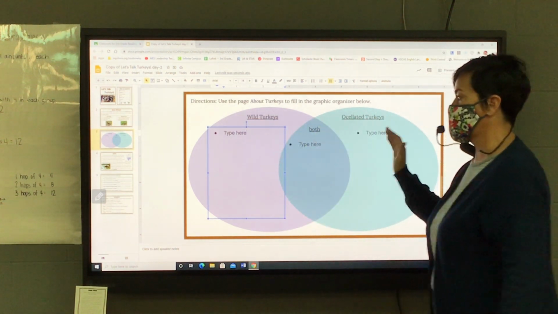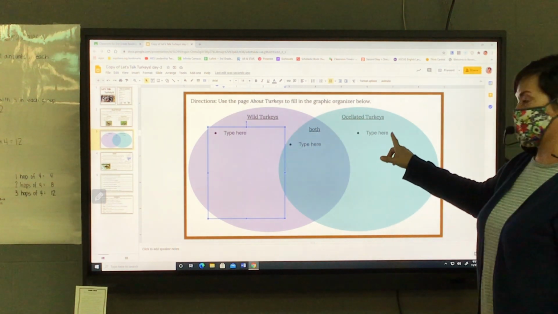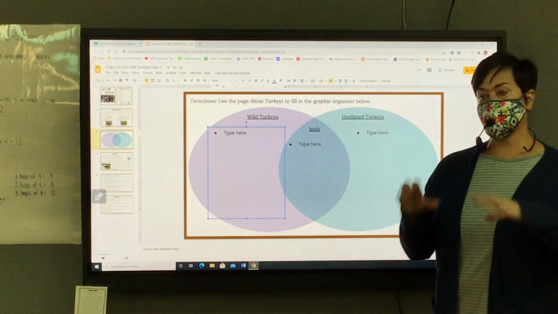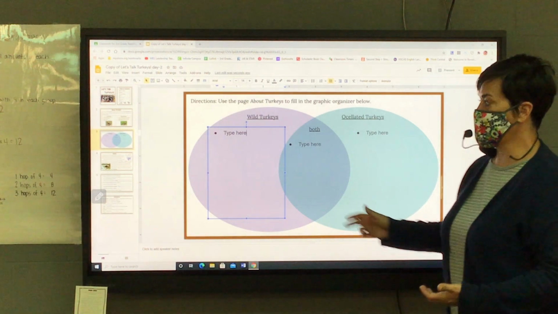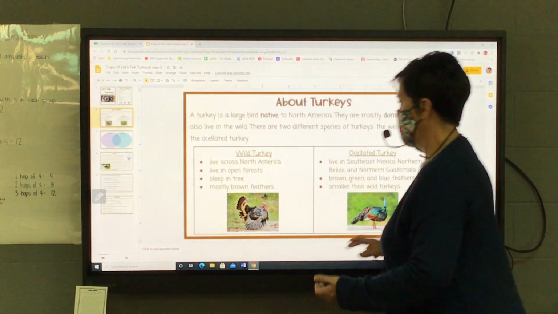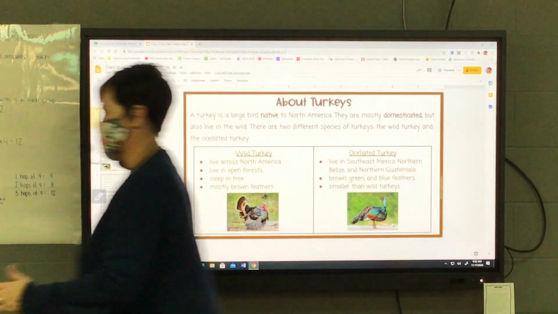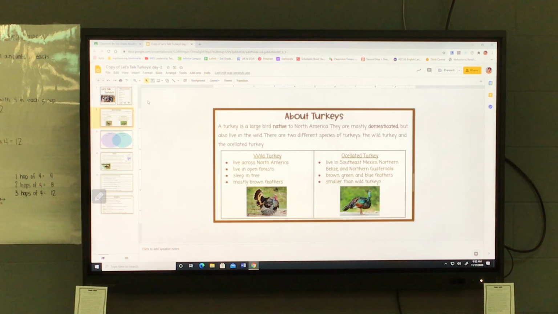What differences were there? Type something about the wild turkey that the ocellated turkey didn't have. You can even look at the picture to help you add more information. Do you want me to pull that up here? Yeah. So then we don't have to focus. I'm going to have to make it bigger over here.